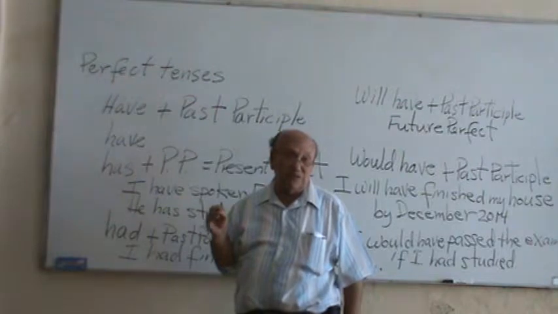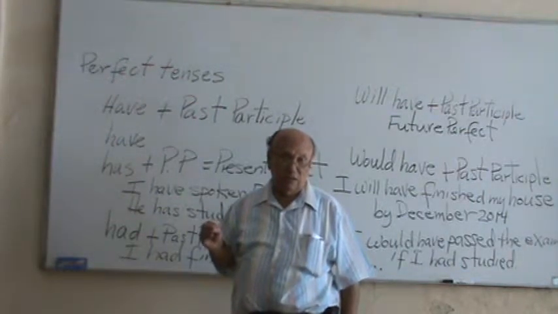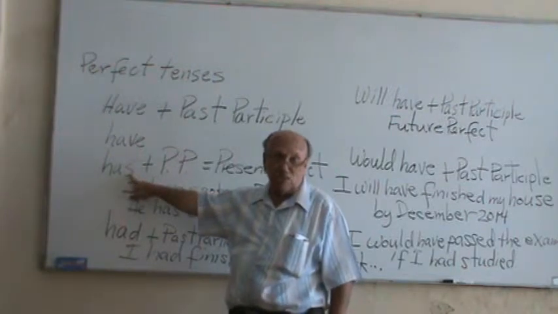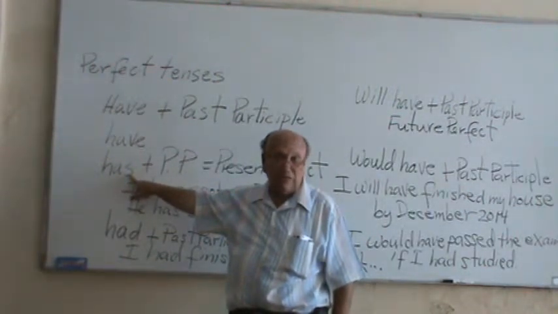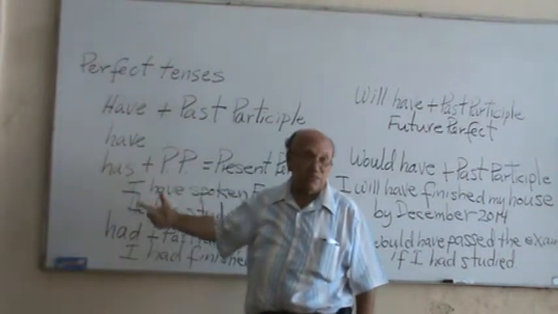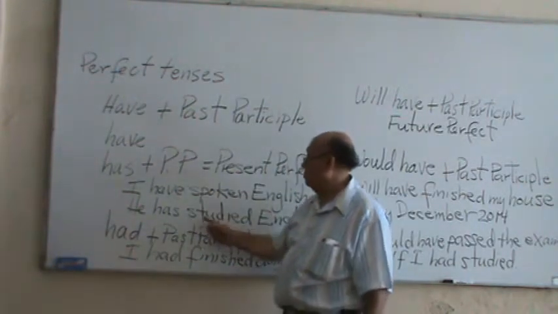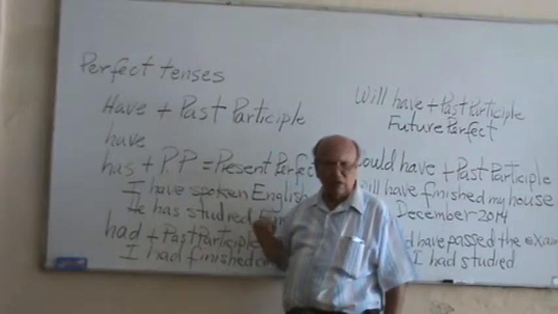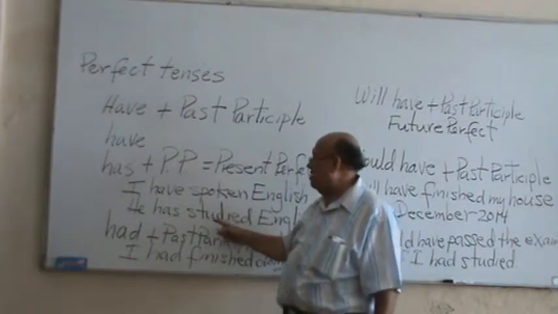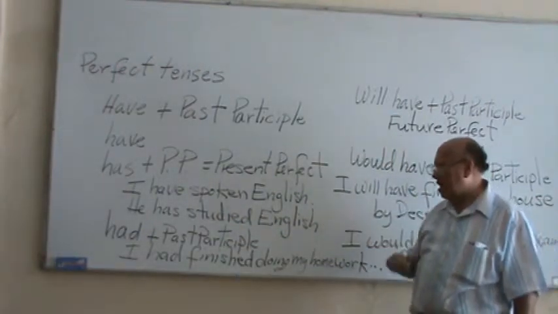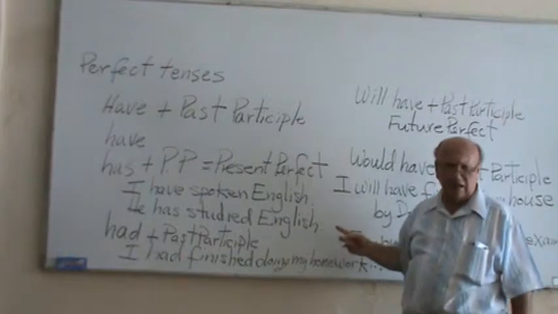With a third person singular, we use has. Tercera persona del singular, usamos has. He has spoken English. Él ha hablado inglés. He has studied English. Él ha estudiado inglés.